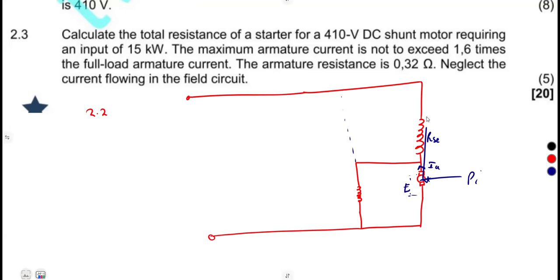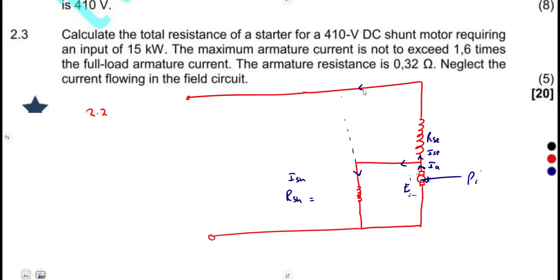So the armature current going here to the series field, that's the current of the series field here. And the other current is going to branch to the what? To the shunt. This is our shunt here. So that's our R shunt. And we're going to have the current, our shunt current, which is going here. So that's it. And here is the series field.